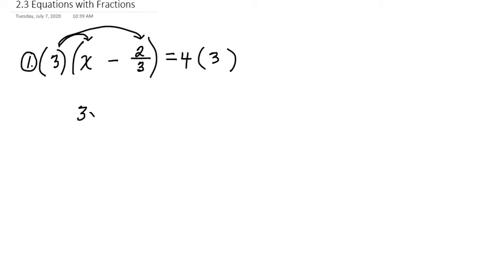So I'll have 3x minus 3 times 2/3 equals 12. And in this middle part here, the 3's are going to cancel. So I have 3x minus 2 equals 12.